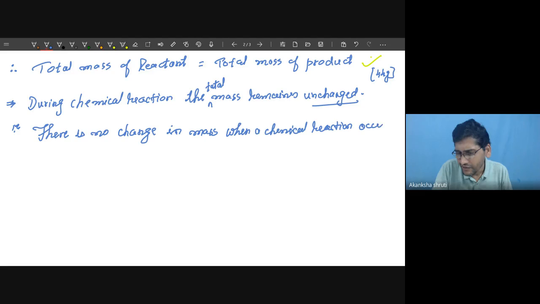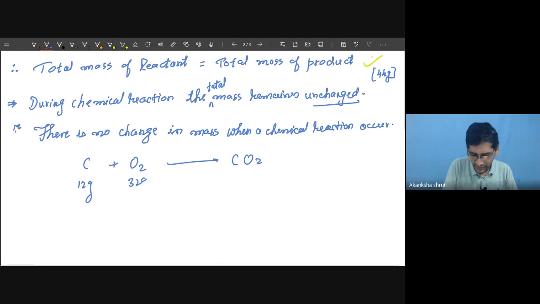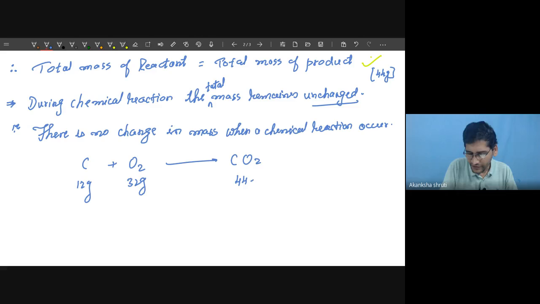Whatever we are writing, say carbon and oxygen combine to form carbon dioxide. It was observed that 12 gram of carbon combines with 32 gram of oxygen to form 44 gram of carbon dioxide. Writing this combination, meaning the chemical change, is called a chemical reaction. This is the arrow which indicates the chemical change.